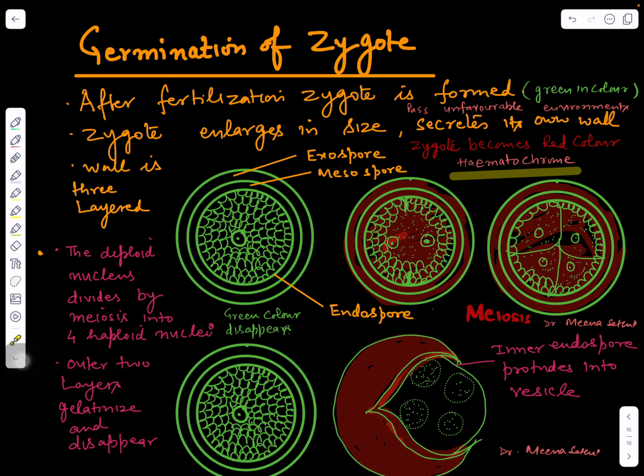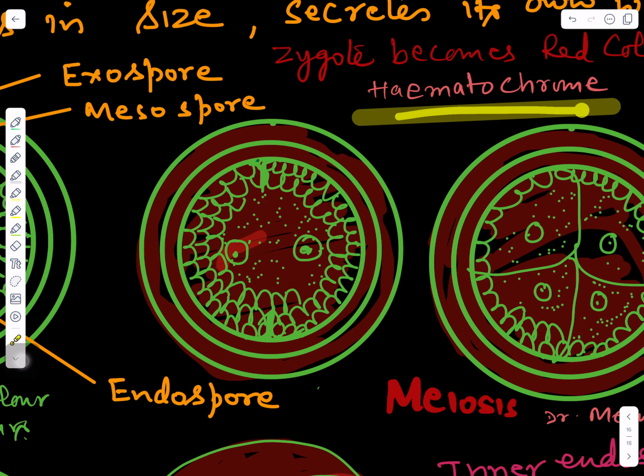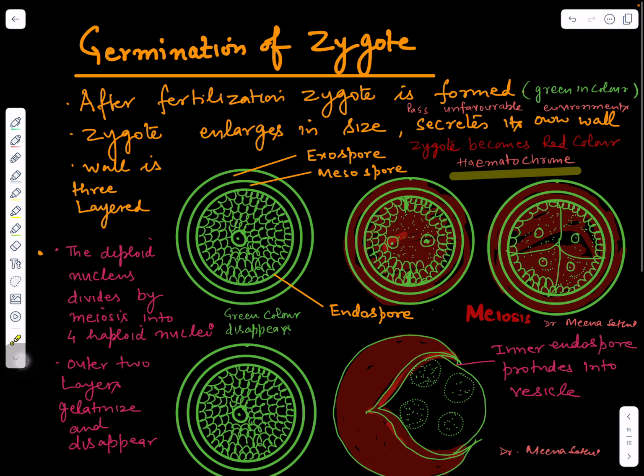Now, first it is green in color, but later on when it becomes hardened and passes over unfavorable environmental condition, it can develop a pigment called hematochrome, and because of that pigment it becomes red or orange-red in color. Now this diploid nucleus will start undergoing meiosis, right?